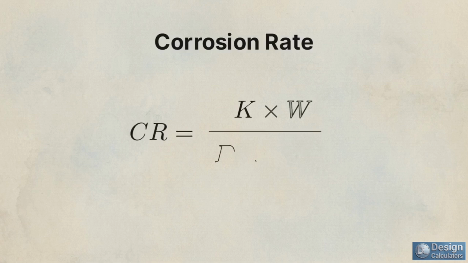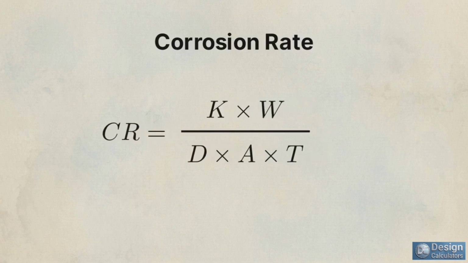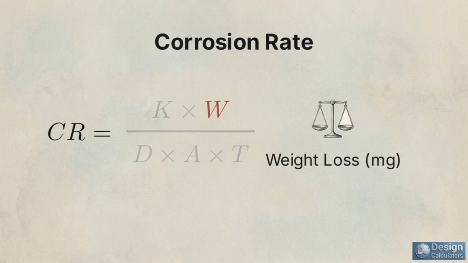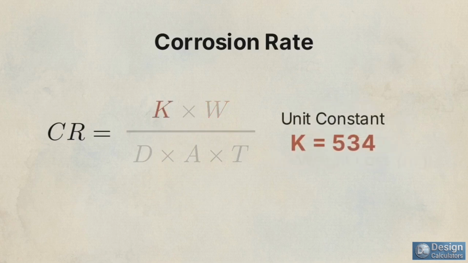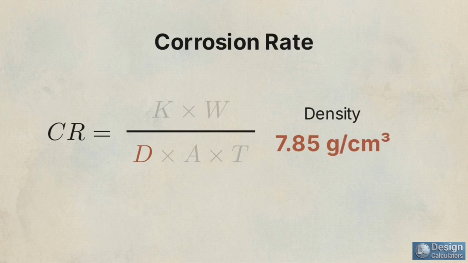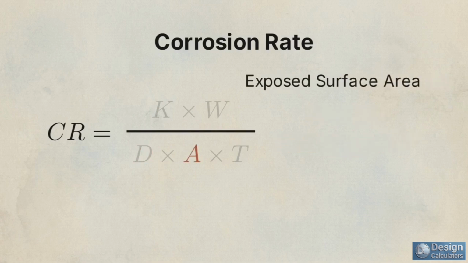The corrosion rate equals K times W divided by D times A times T. Looking at the top half, W represents the raw weight stripped away in milligrams. K is a constant applied to ensure the final calculation yields the correct units. Down below, we factor in the physical properties of the test.